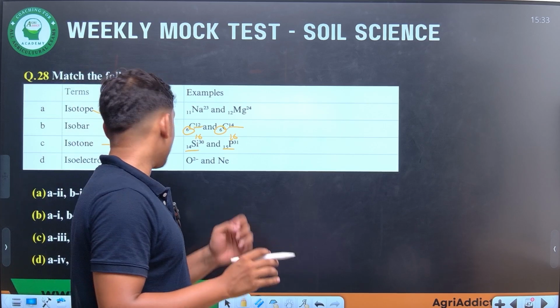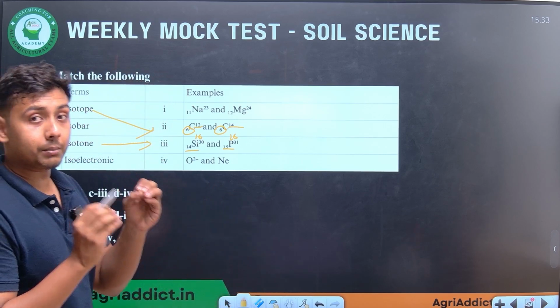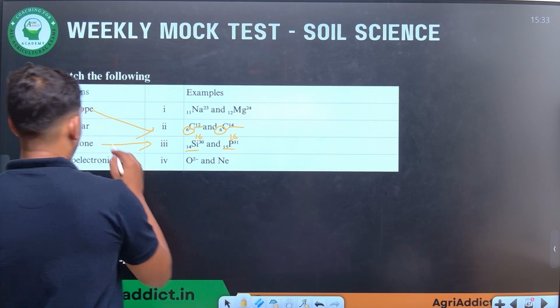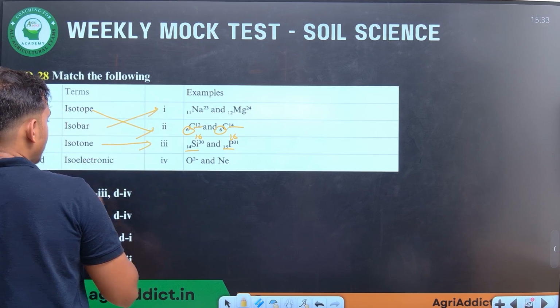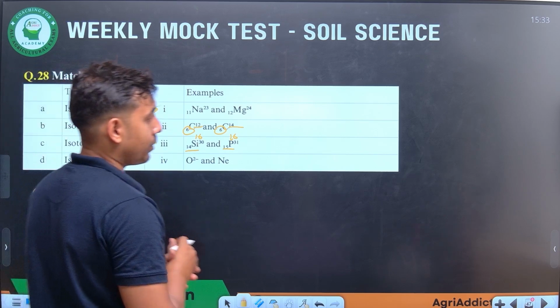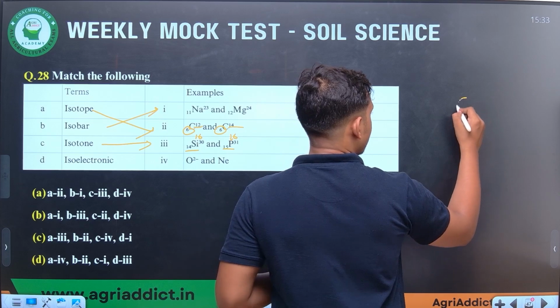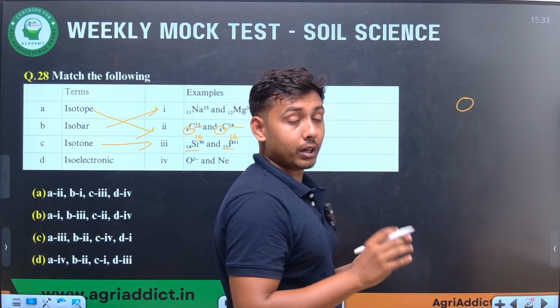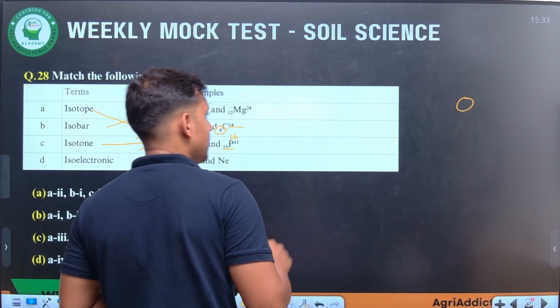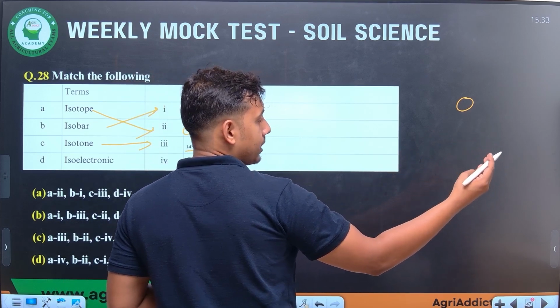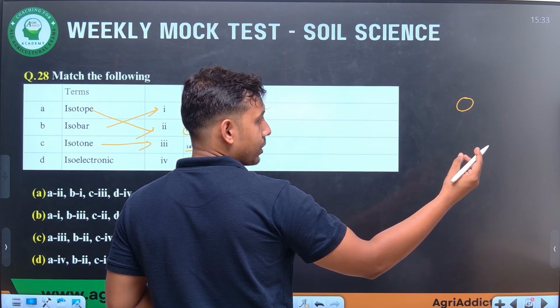Isoelectronic means electron numbers are the same. So isobar is this, okay? This is isobar. And for isoelectronic, what is the number of electrons present in oxygen? Hydrogen, helium, lithium, beryllium, boron, carbon, nitrogen, oxygen, 8.